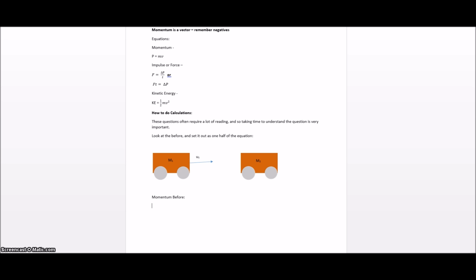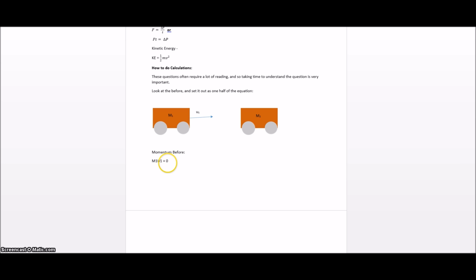As momentum is mass times velocity, the momentum of this object is m1 u1, and the momentum of this object is m2 u2, but as it has no velocity, its momentum is zero. So the momentum in this system before is m1 u1.